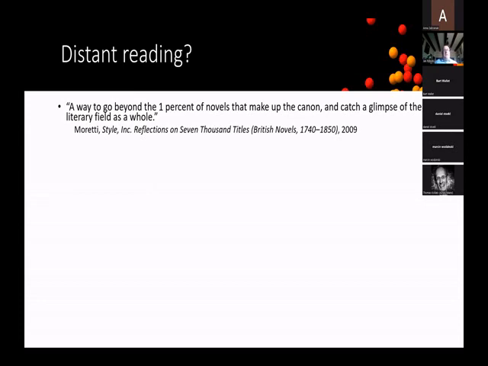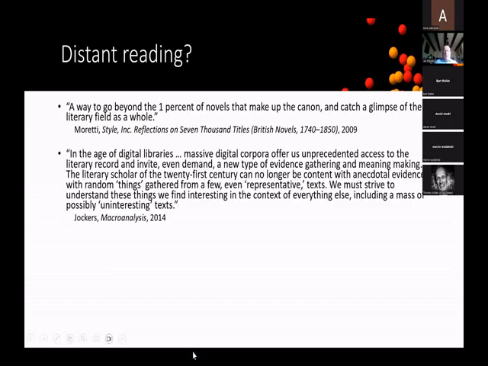He slowly migrated towards looking into purely or perhaps also linguistic elements of the literary text, and that's especially true of his disciple and collaborator Matt Jockers, who quite provocatively takes from Moretti the idea that if we want to find new stuff about literature, then we have to look at more text than we normally do.